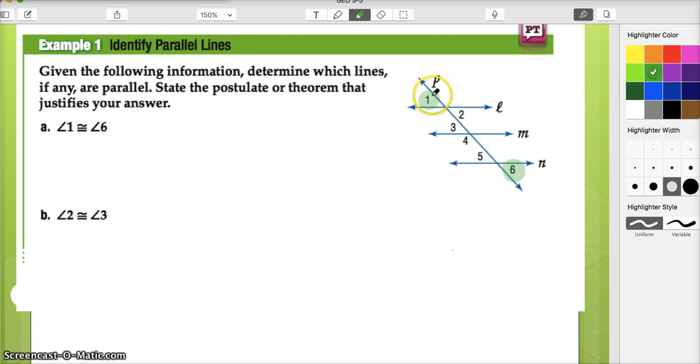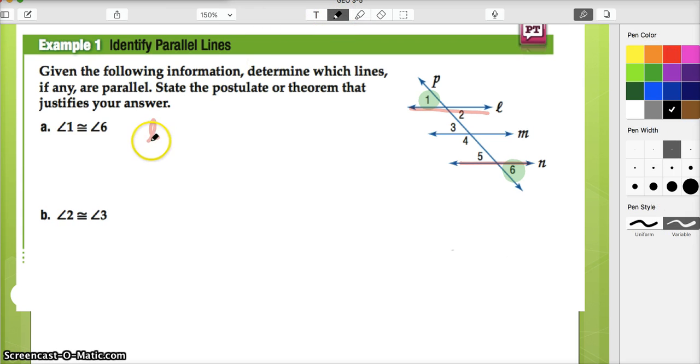When I look at angle 1 and angle 6, I can see that P is the transversal, right? And the two lines needed to create those two angles would be L and N. And so angles 1 and 6 are alternate exterior angles, and therefore L and N are parallel. So I'm going to use a pen and write L is parallel to N, and that's by, do you remember, the alternate exterior angle converse theorem.